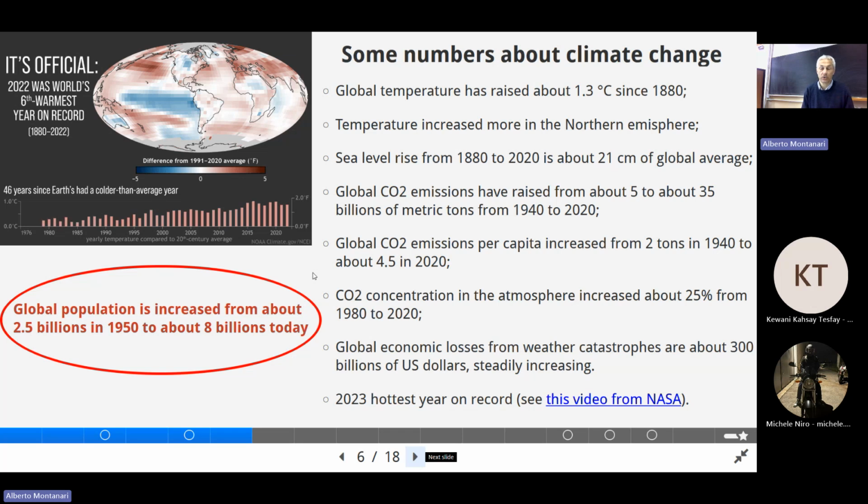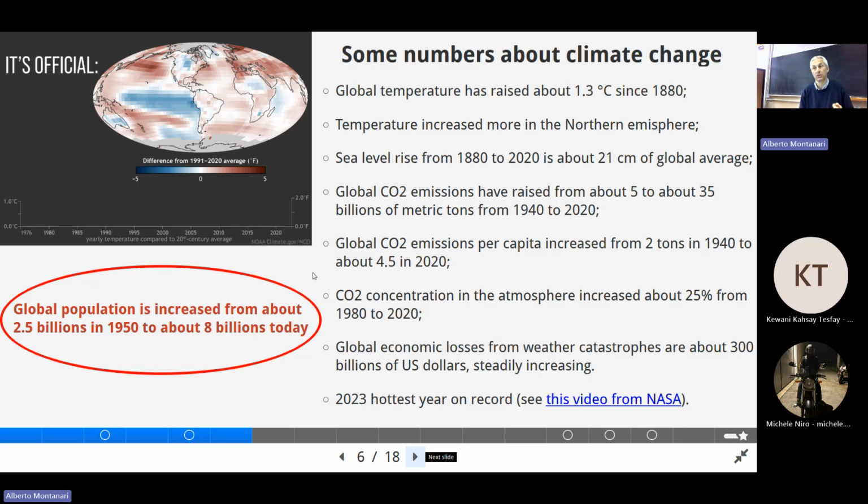Again, the quiz will not ask you the precise number, like if I look here, global temperature increase 1.3. The quiz will not ask you what the number is. It will ask you if the global increase of temperature is around 0, around 0.5, around 1, around 1.5, or more than 5. And then you have to select.